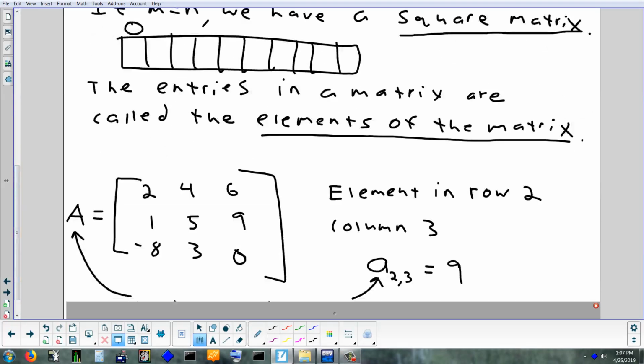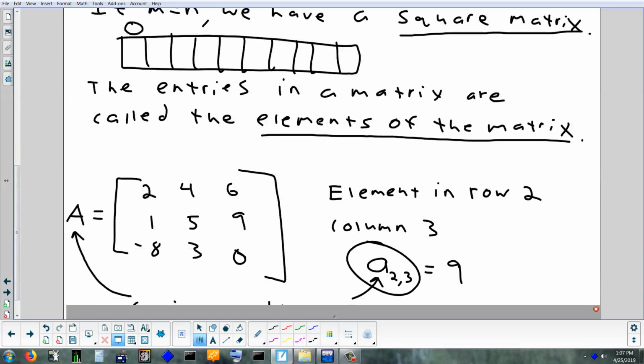So when we want to reference a specific element in a matrix, this is the notation that you use in math. You put a lowercase letter and then row, comma, column as a subscript. So this means what's in row 2, column 3 in the A matrix. Row 2, column 3, right there, the number 9.